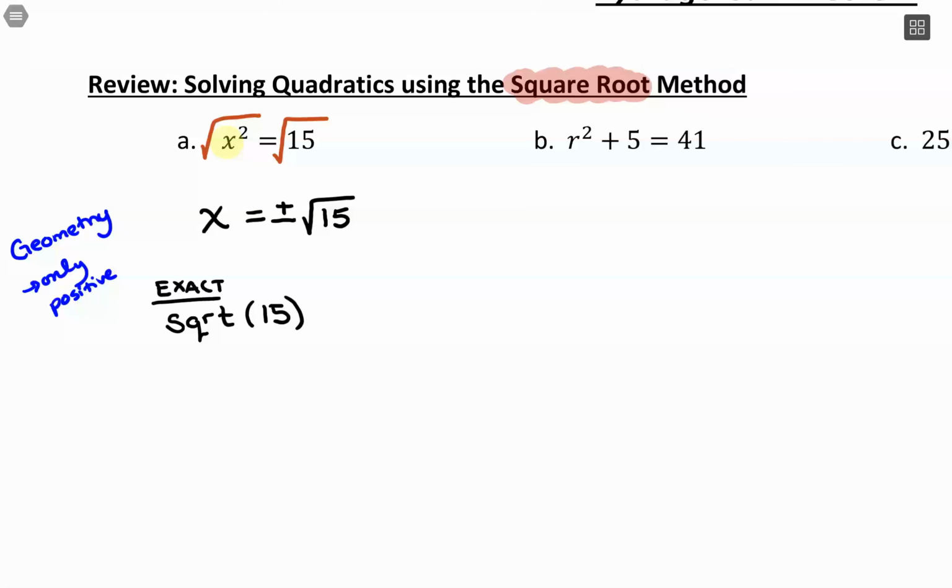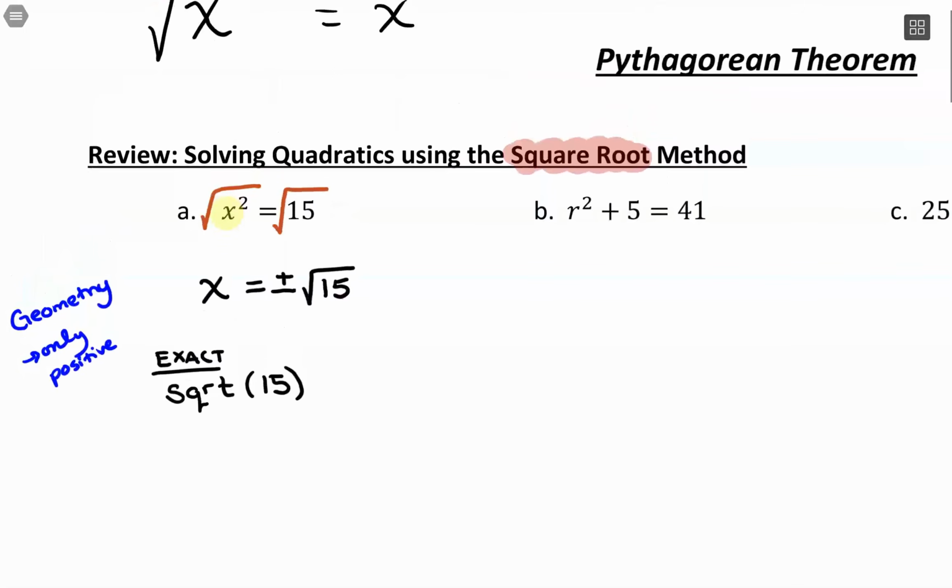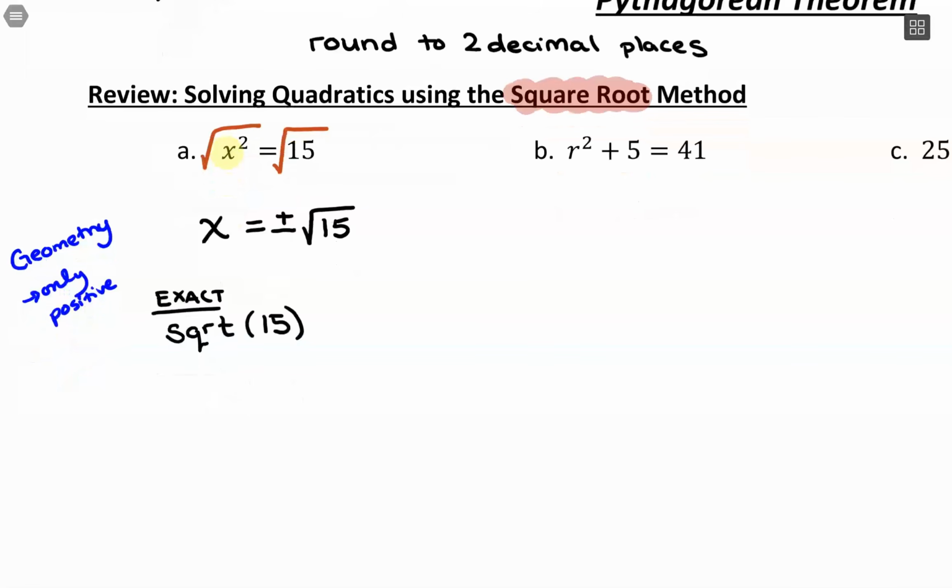If they wanted a rounded solution, and with this video, and typically in general, I'll tell you if we switch. In this video, I'm going to stick to rounding to 2 decimal places, since that's a common form that's used.